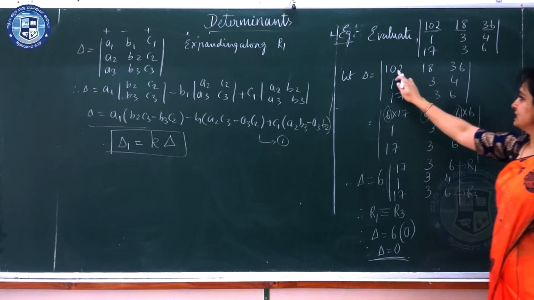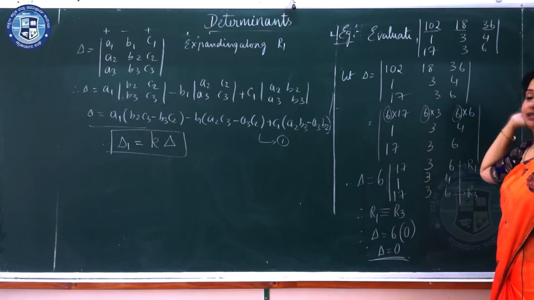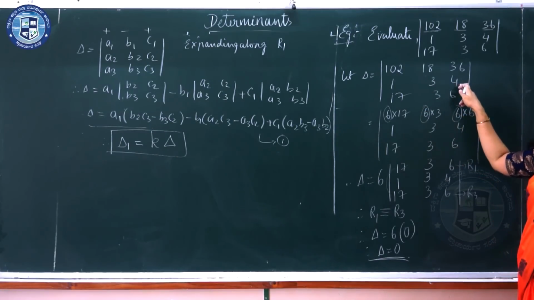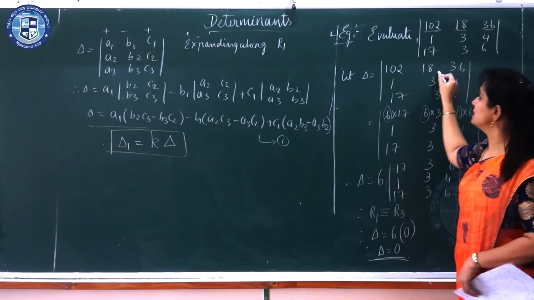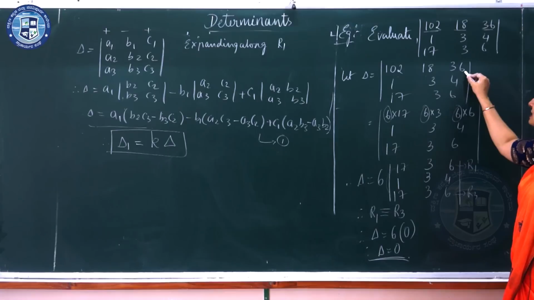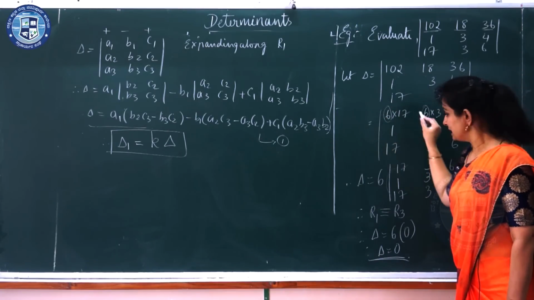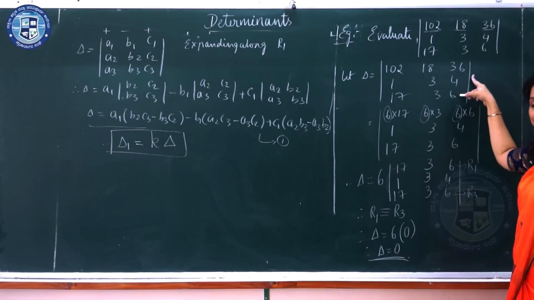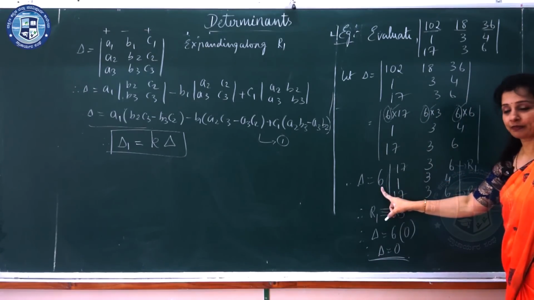So when the determinant is given, get the factors of each element. See, here it is not possible to get the common factors. But in the first row, we can observe that 6 is a common factor. 6 into 17, 6 into 3, 36 is 6 into 6. So 6 is the common factor that can be taken out from the first row elements. Since 6 is common, 6 is taken out.